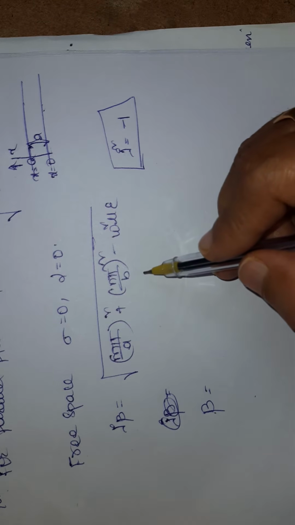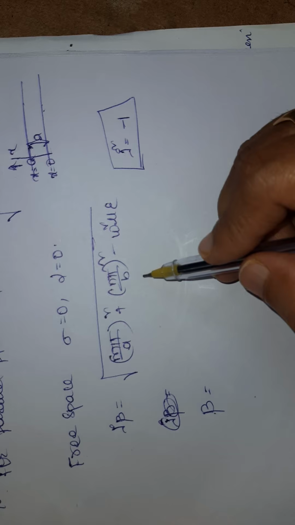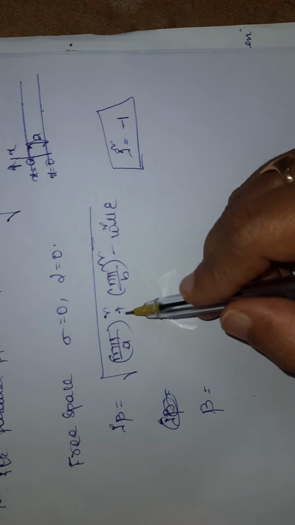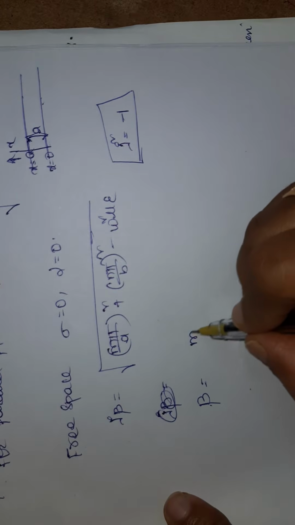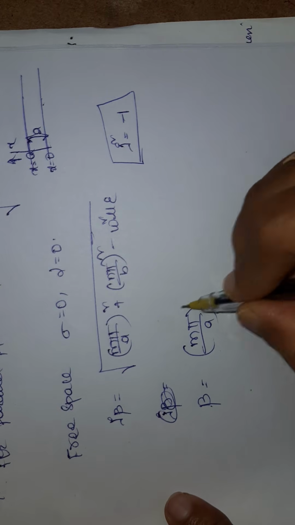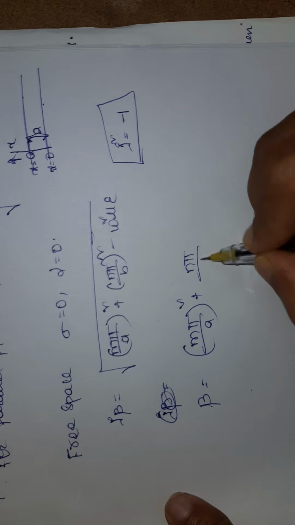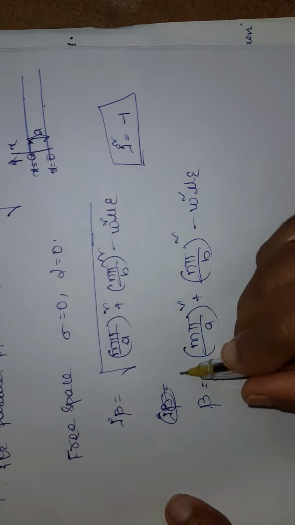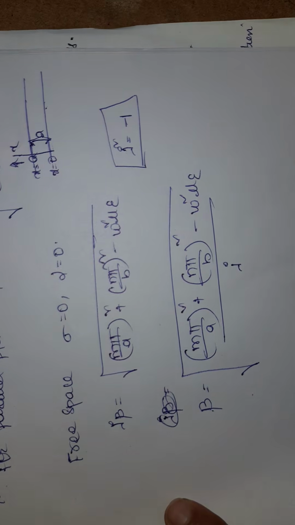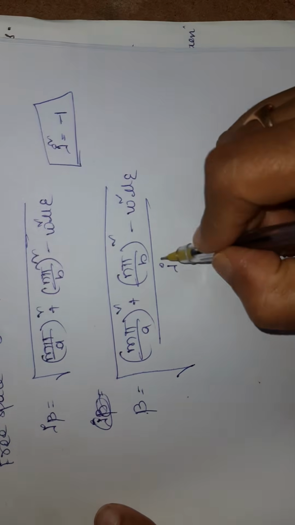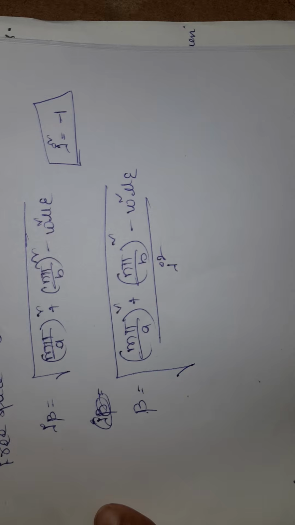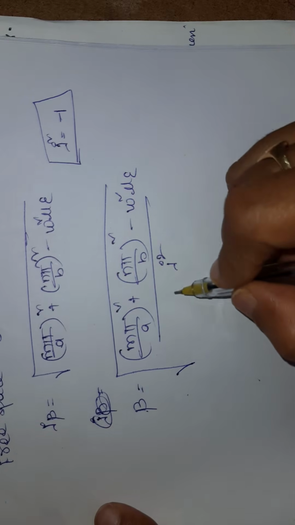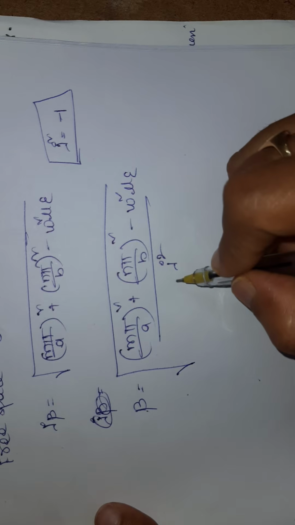What is the j square value? Minus 1. So the minus is multiplying. Are you getting? See here, m pi by a whole square plus n pi by b whole square minus omega square mu epsilon, divided by j square. If I write j square under the root, the square and the root will get cancelled.